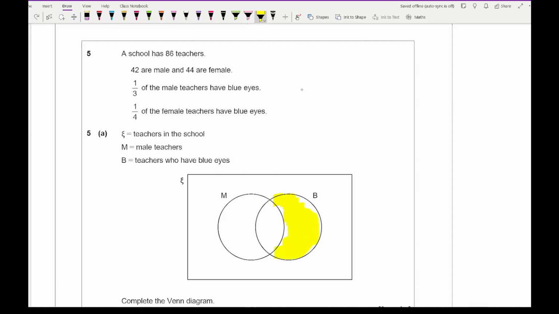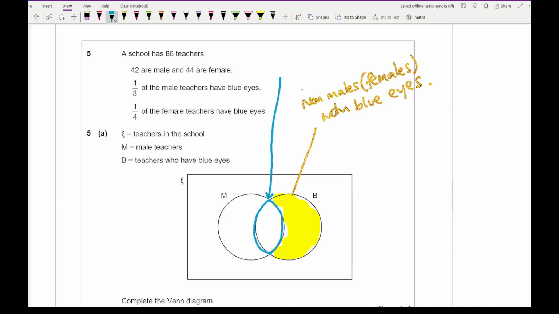is, and I'll do my best to color code it. So this region here are non-males, in other words females, with blue eyes. This region here are males with blue eyes.